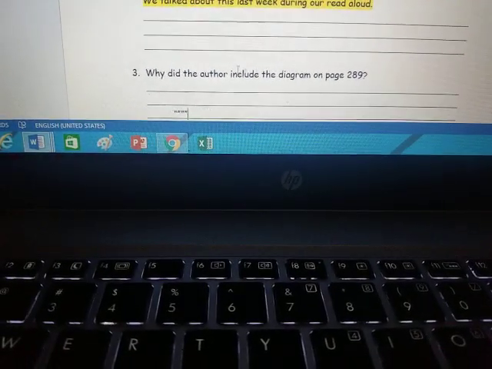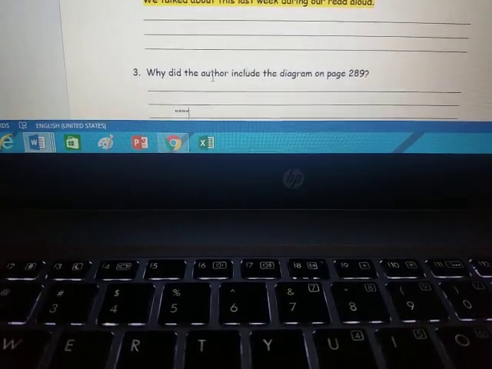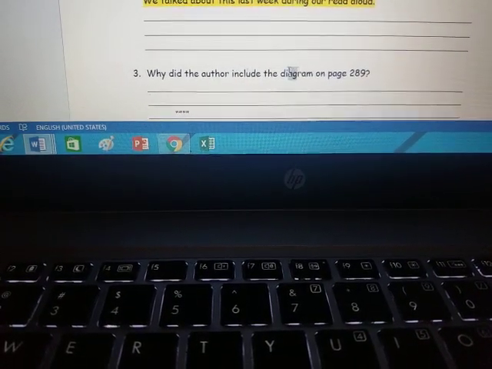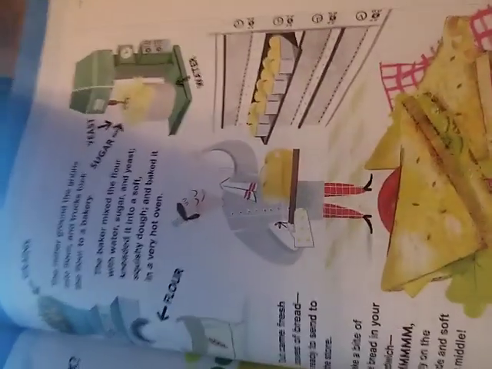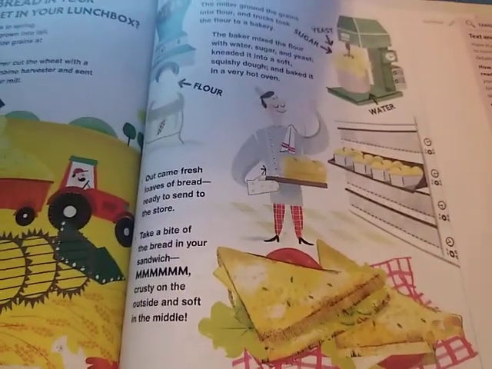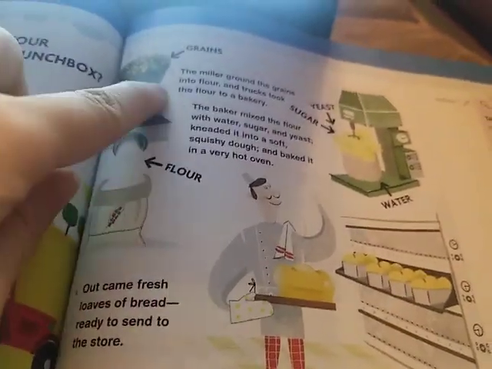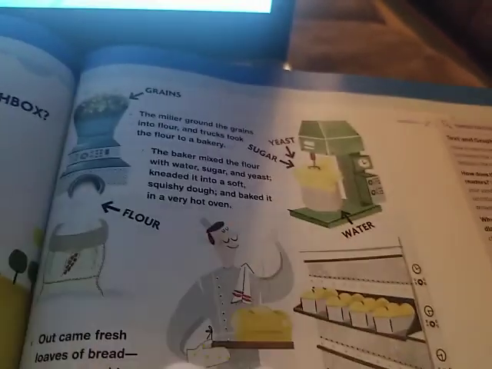And number 3, why did the author include the diagram? Diagram means picture on page 289. So now we're turning to the next page, 289, and we're looking at the picture. Why do you think the author chose to put the diagram here? See, first is flour, then is grains, and then you put this together, and then this happens.